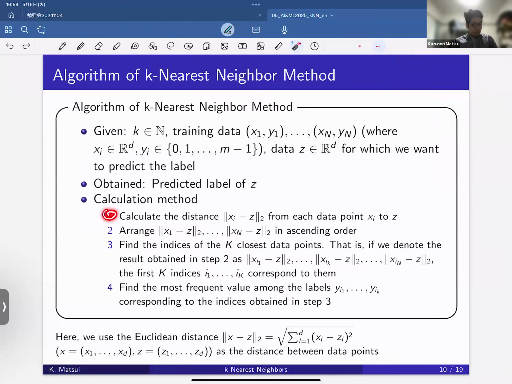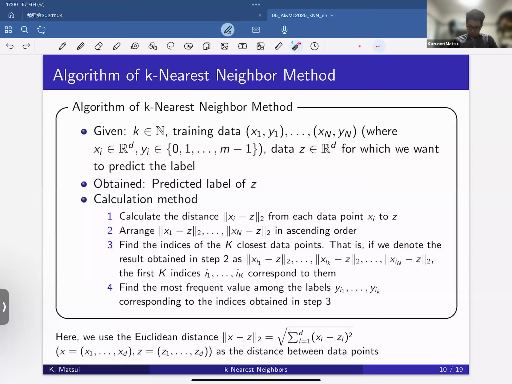Calculate the distance from each data point to the data point we want to predict. Sort these calculated distances in ascending order. Collect the indices of the k data points with the smallest distances.